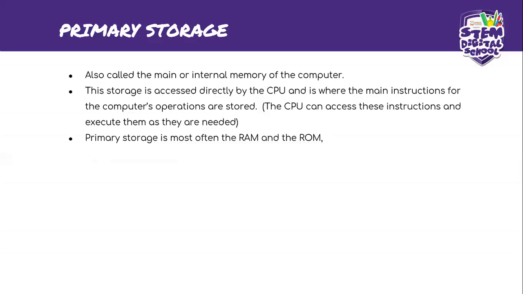So when you're working on something, you are giving instructions, and this is where they are saved. The CPU can access these instructions and execute them as they are needed. Everything that you do on your computer, every instruction that you give to the computer, is accessed by the CPU, and every time the CPU accesses these instructions, it executes them as they are needed.